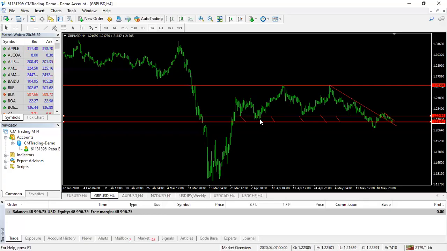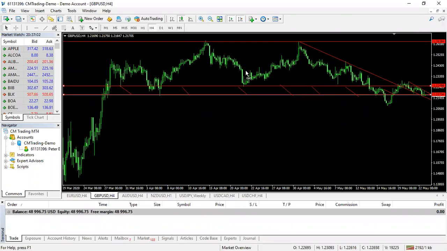So that is the supply and demand zone. You don't need to understand the difference between supply and demand zone. What you need to understand is you're drawing an area of interest that is acting as support and resistance. Hope I'm making sense. So that is what we call the supply and demand zone.